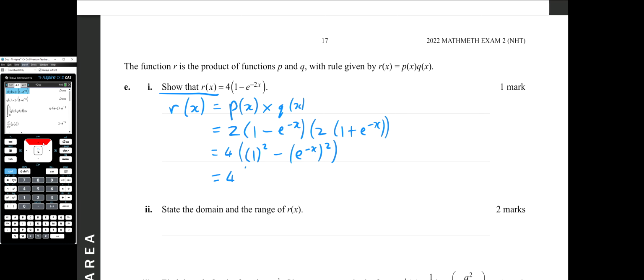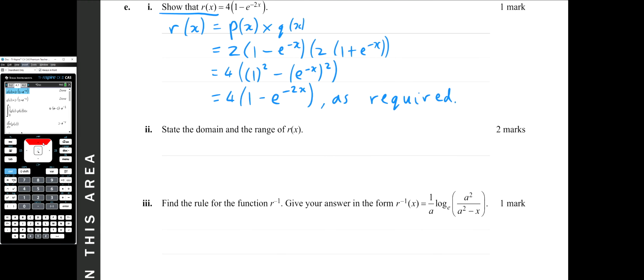So that's equal to 4 bracket, 1 squared is 1, minus e to the negative x squared, that's just e to the negative 2x, close the bracket. That's exactly what they want, as required. Done. That's showing r of x equals the respective quantity.